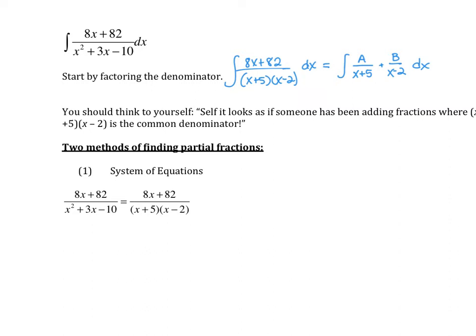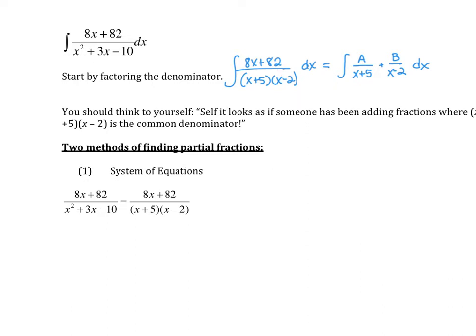So what you should be thinking about is that this looks a lot like adding fractions. It looks like someone has been taking two fractions and adding them together. So my numerator is the sum. When I find common denominators, my numerator becomes 8x plus 82.